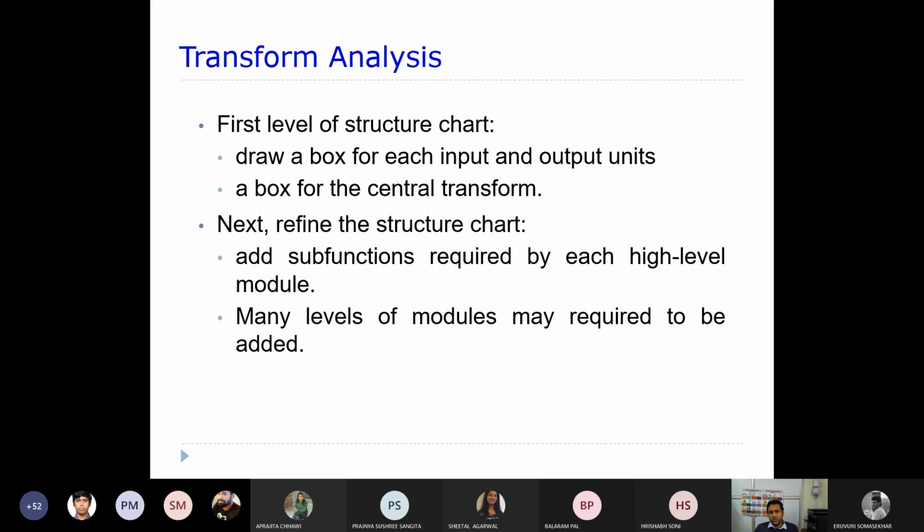You first identify the main high level module, and for that high level module you identify the required functions and subfunctions. Then you identify the subfunctions of those subfunctions, right? This is the way you create many different levels.